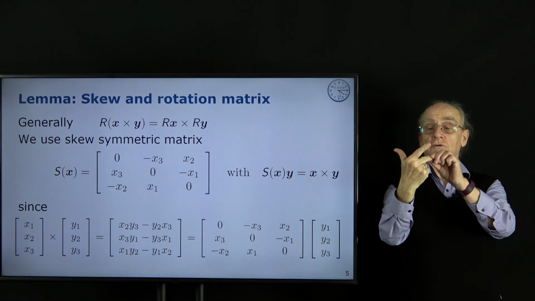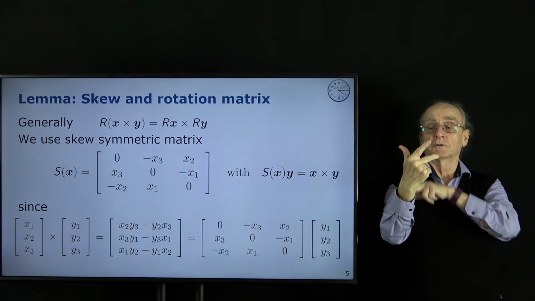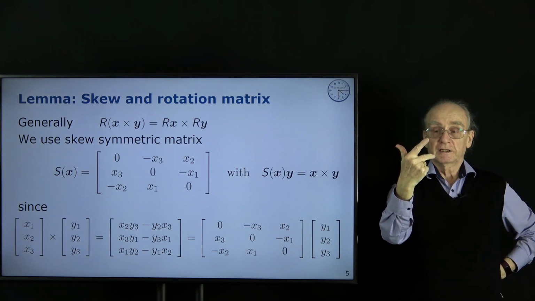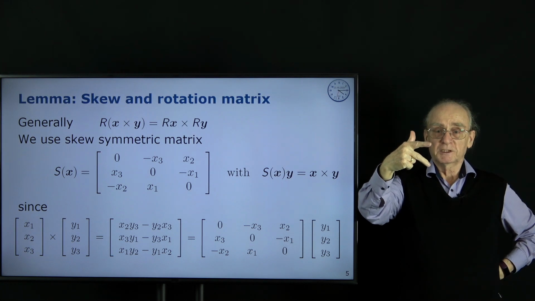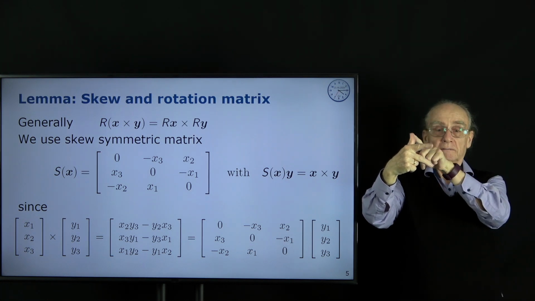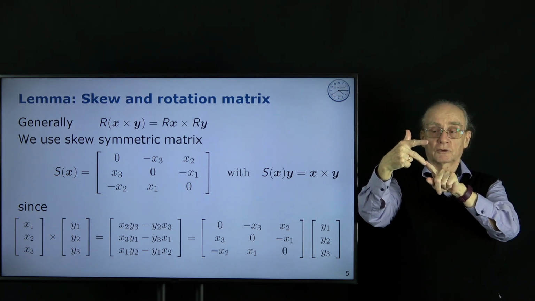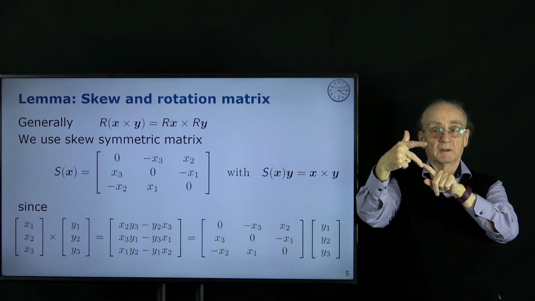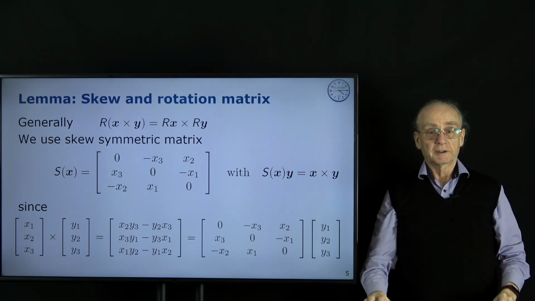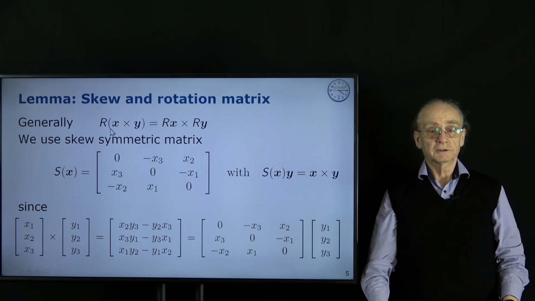And this is the cross product which is orthogonal to A and B. Now we rotate the whole situation, which means we rotate x and y by R. Then, of course, the cross product is rotated with the same rotation matrix. And if you write that down in an equation, that means the rotation of the cross product is the cross product of the rotated vectors.